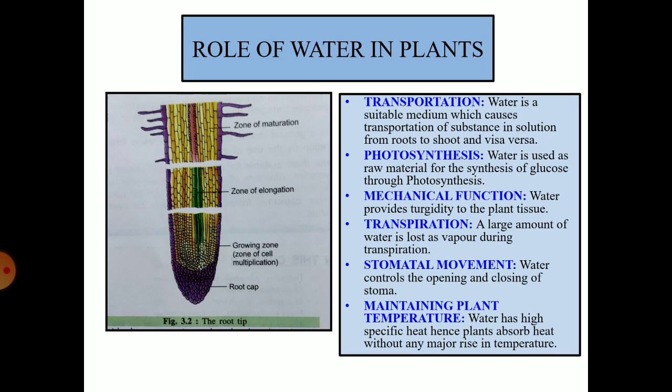Stomatal movement, opening and closing of stomata, is also one of the functions of water. Maintaining plant temperature. Water has a high specific heat. Hence, the plants can absorb a large amount of heat without any major rise in temperature.